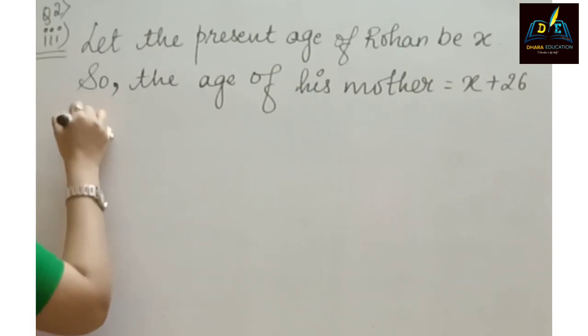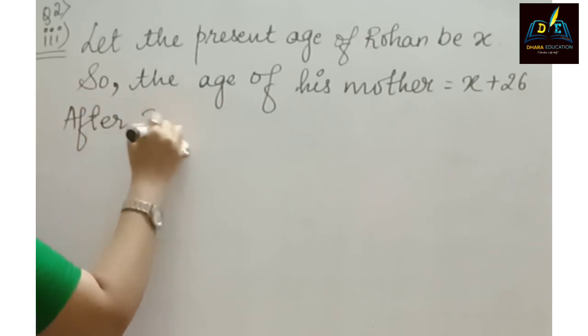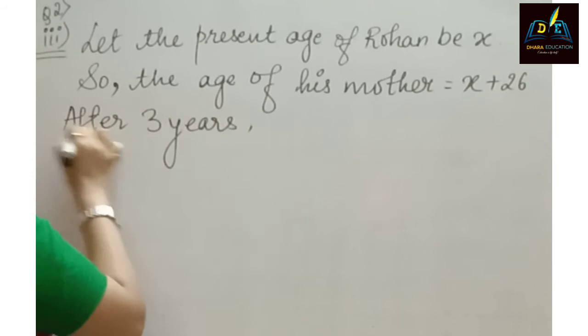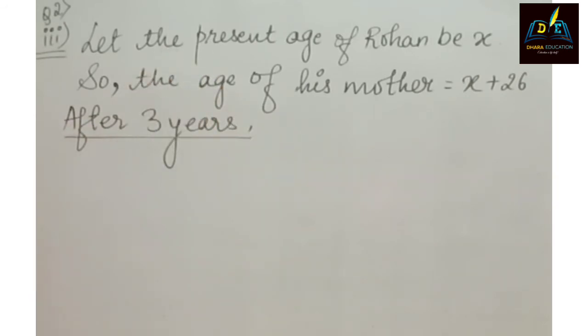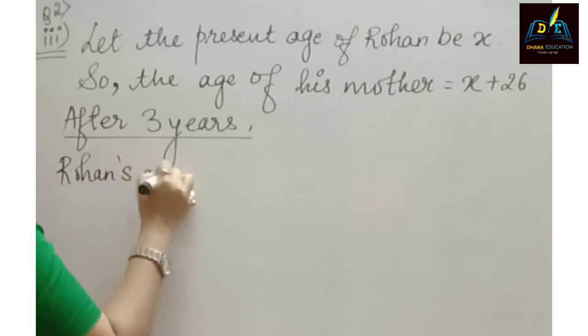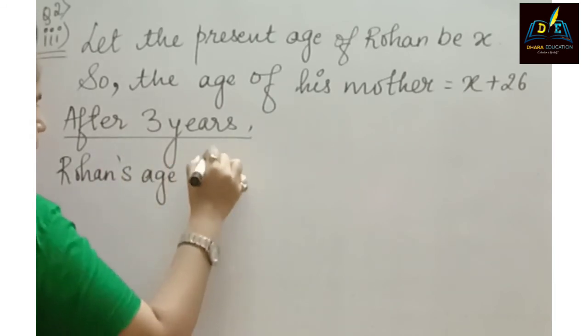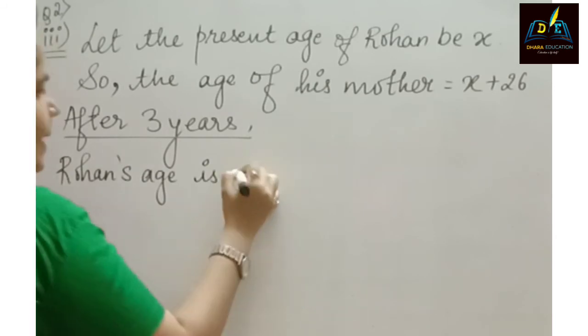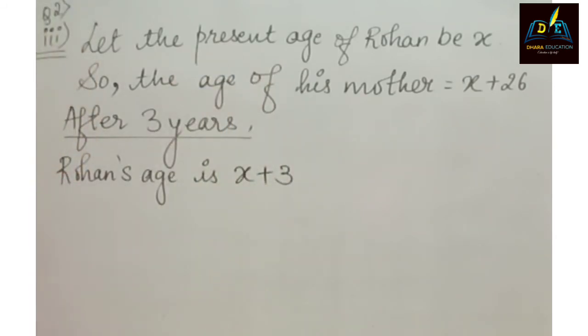After 3 years. So, they are talking about after 3 years. After 3 years, what is the situation? Let's read again the question. Rohan's mother is 26 years older than him. The product of their ages 3 years from now will be 360. So, this is the condition. So, Rohan's age will be x plus 3 as per the given situation in the problem.